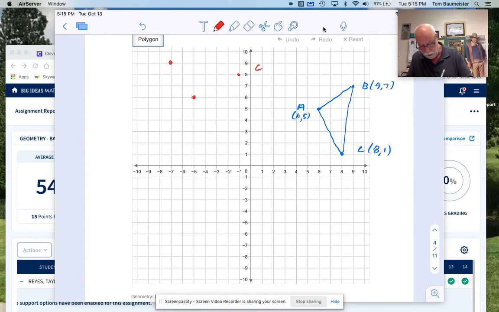So that would be our C prime. This will be our A prime, and this here will be our B prime. Again, they're not going to let you do that part, but you're going to have to connect the dots or they will not count it right. All right, pretty straightforward, ladies and gentlemen.